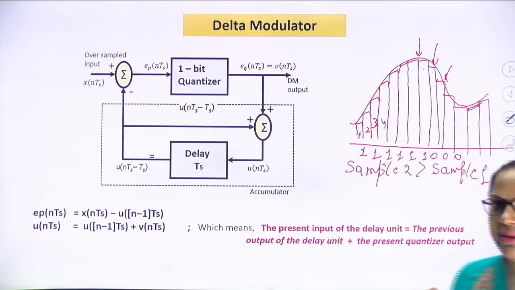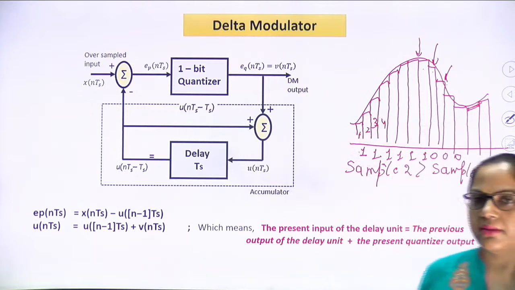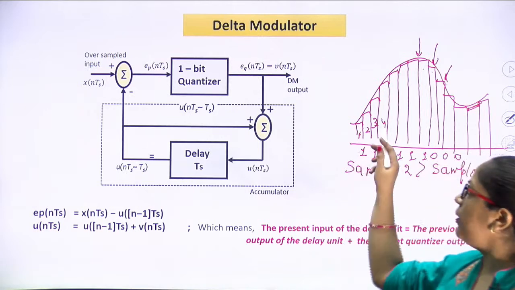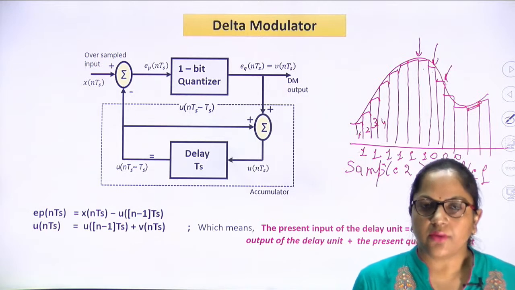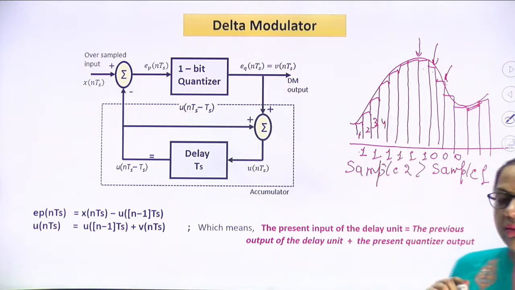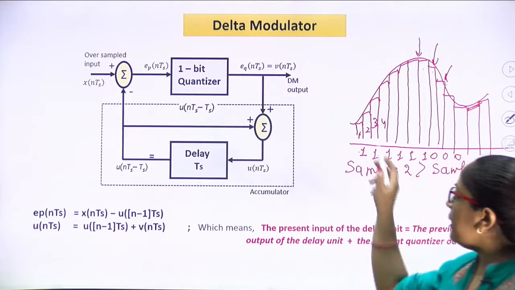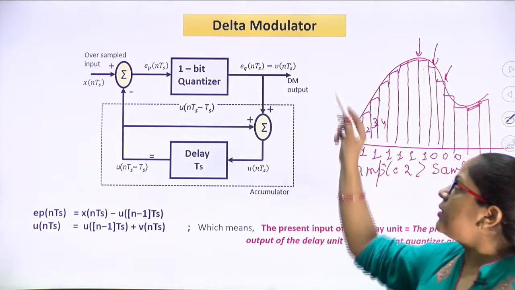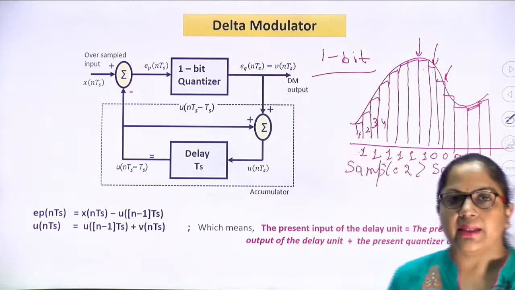In this manner, we do not discretize the analog signal on the magnitude axis. Rather, we compare two adjacent samples, and if their difference is positive, we send binary 1, and if negative, we transmit binary 0. So the bit is fixed, either 1 or 0. That is why it is called a 1-bit quantizer or 1-bit DPCM.